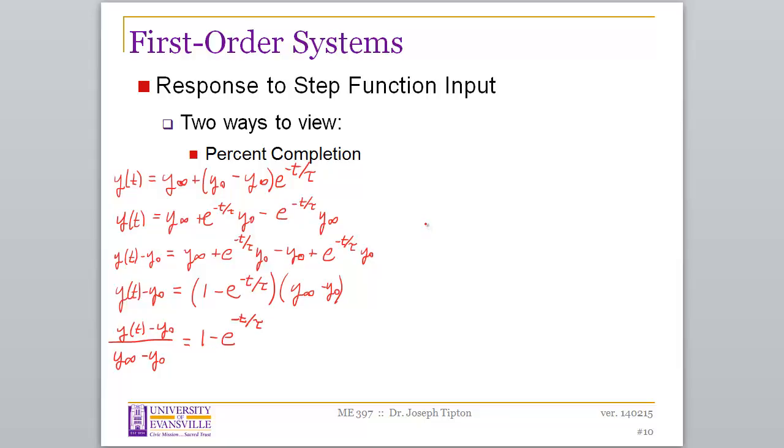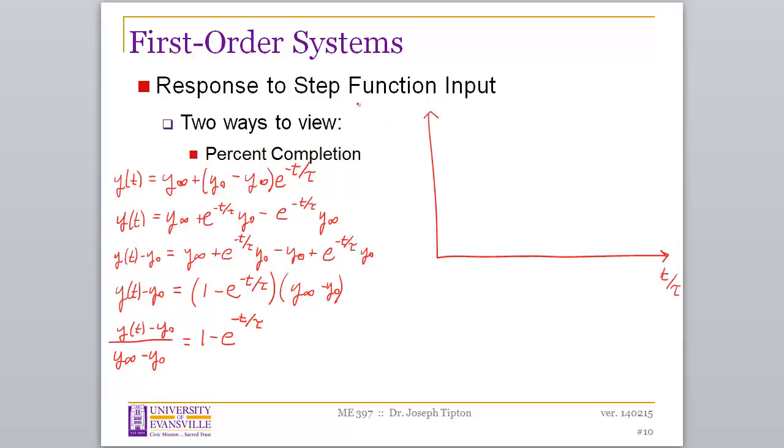So let's do that. Let's draw this in a nice big graph. So my x-axis is going to be normalized time. Time divided by the time constant. Okay, my y-axis is going to be this grouping.